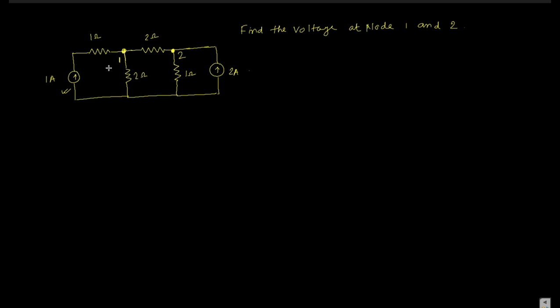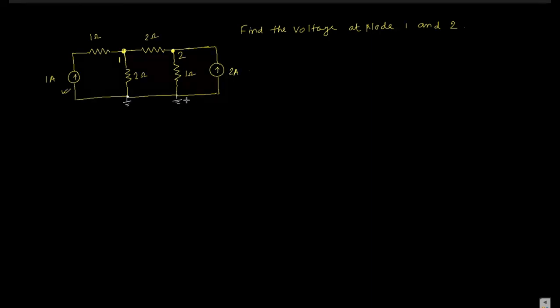What kind of current source is that? This is an independent current source. It means that it is a constant current source. That source is capable of supplying 1 ampere current through this node. This is ground. So this is also ground.